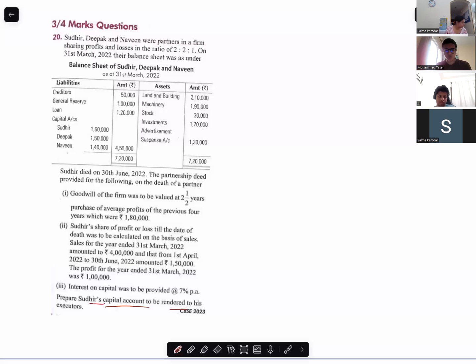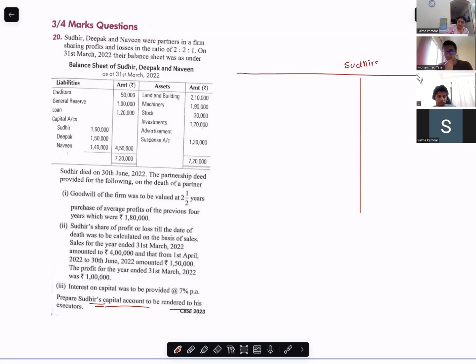So we have to make the dying partner's capital account, Sudhir's capital account, that is to be given to his executors. Do you know the format of the capital account?